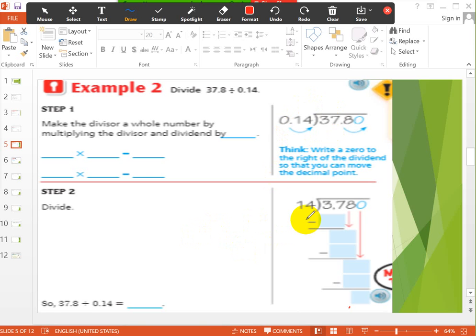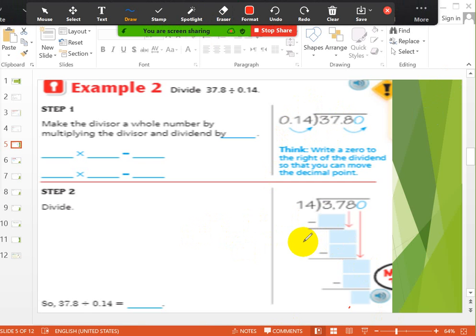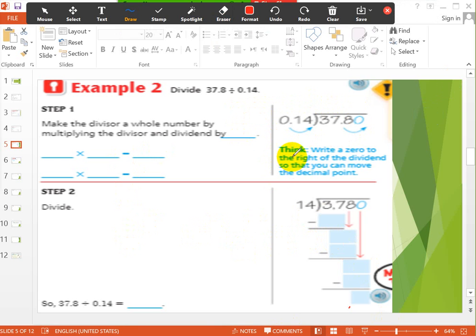I will use the property that I want to use here to make the division easier for me. So I will take the dividend and the divisor and multiply them with the same power of 10. So it will be what? Now let's see, if I take 37.8 and 0.14, what is the power of 10 that I will use here?